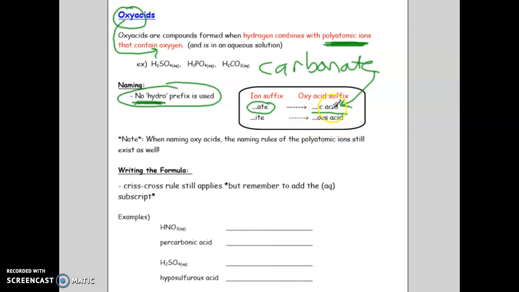So if this was carbonite, that means it would be carbonous acid. So the ending of the polyatomic ion will indicate the ending that it will be when it is an acid. Keep in mind, I have a little note here, that the rules for polyatomic ions are still in existence.